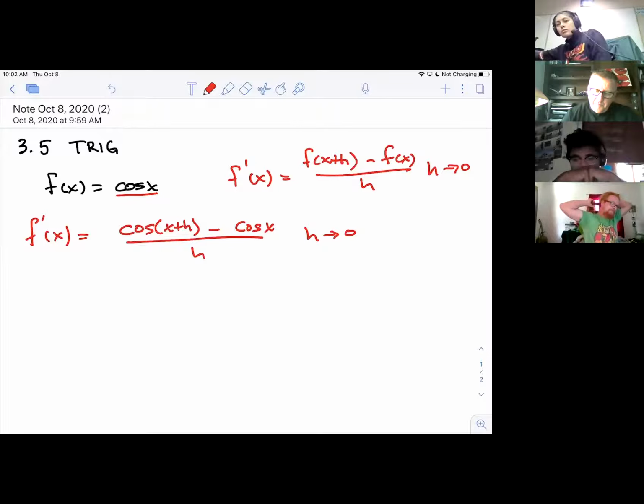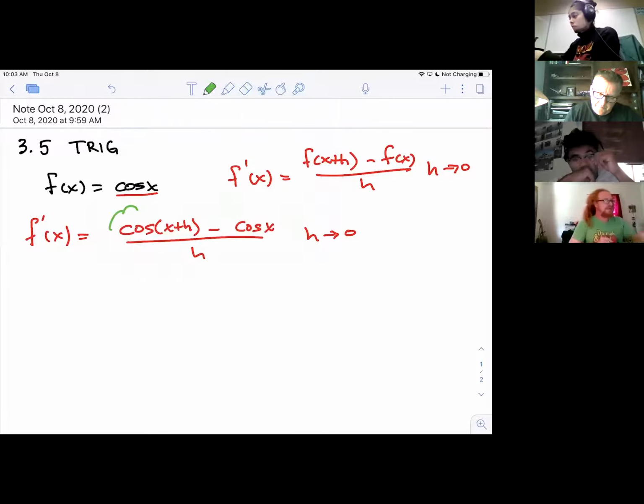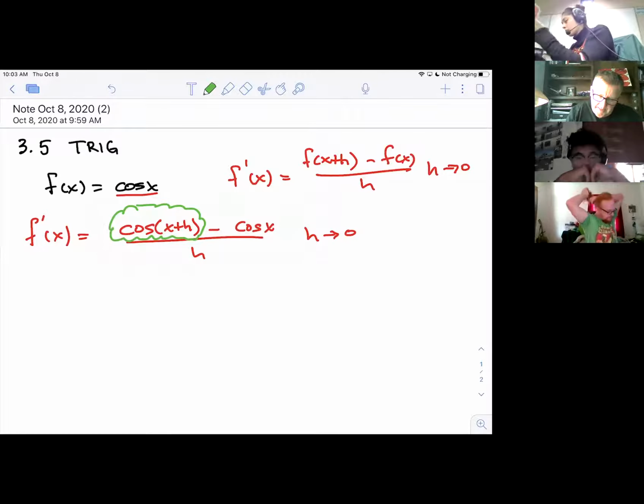Well, the only progress you might make with this, if you look at my trig sheet or go back in your mind's eye, is there was a way to expand cosine of junk plus junk. I don't remember what that is off the top of my head, but I'm looking at my note sheet now too. There's an identity about this.